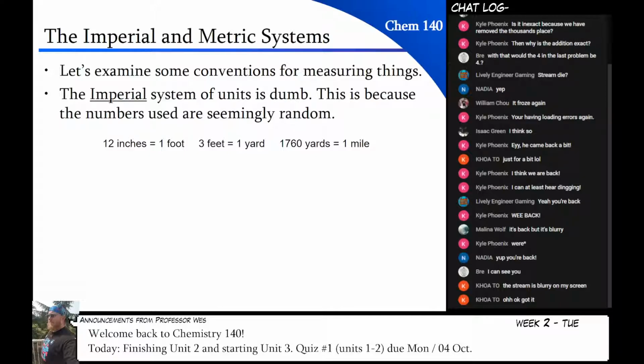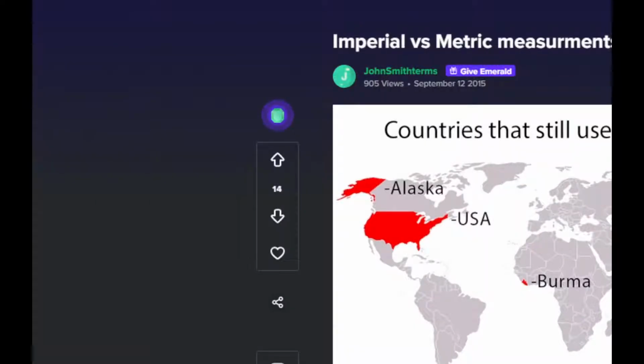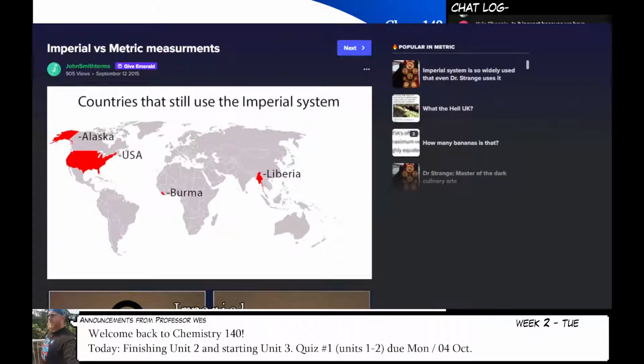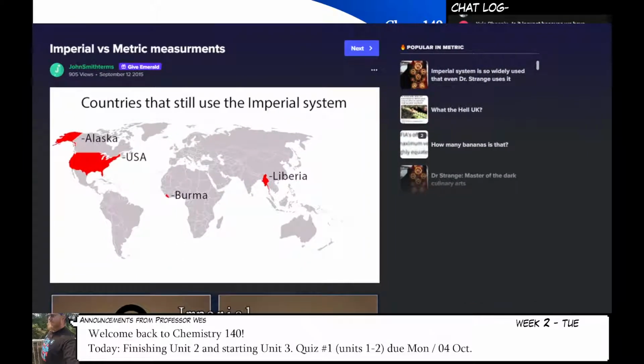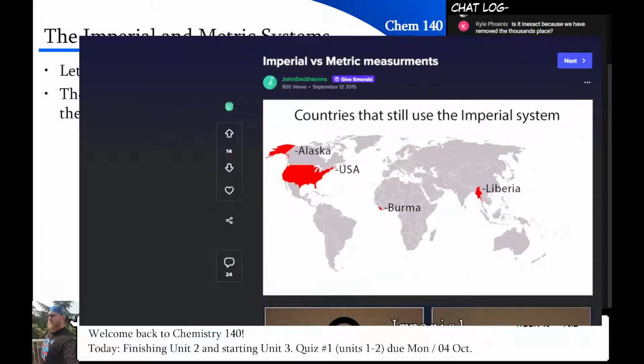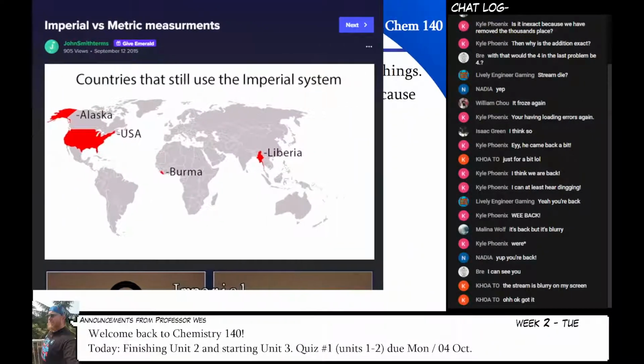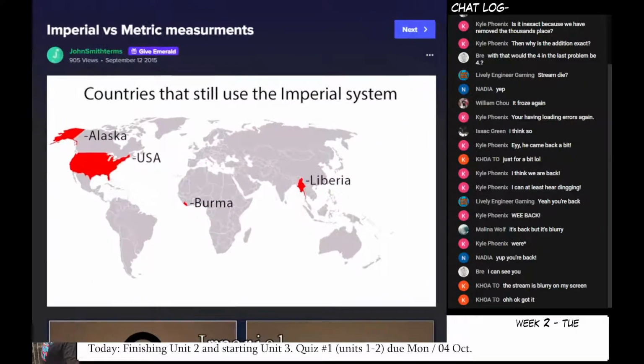So let me capture this on the screen here. You might have seen this meme here. That's way too big. Hold on. And then we don't really need the right side of Imgur here, or even the left side, really. All right. So the countries in red are the countries that use the Imperial System.